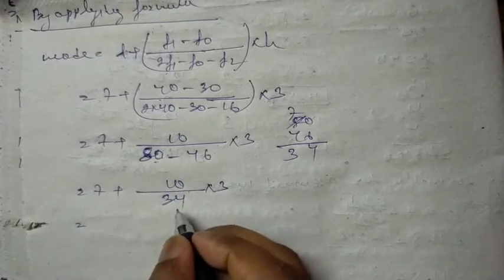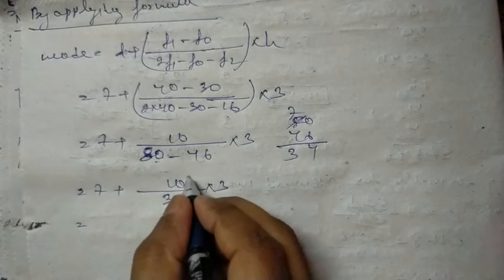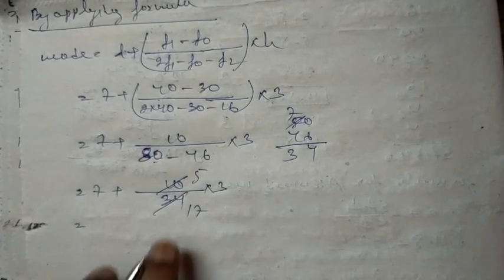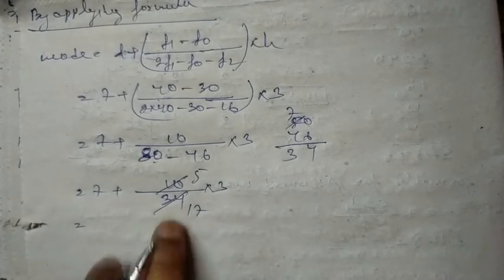Now what we can do? We can cancel, right? 2 5s are 10, 2 17s are 34.